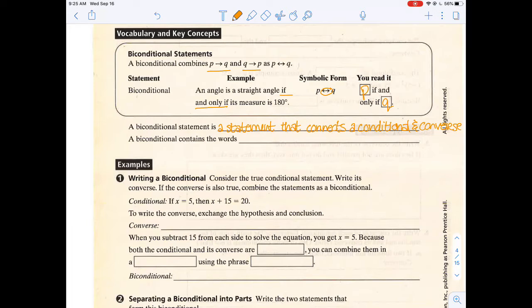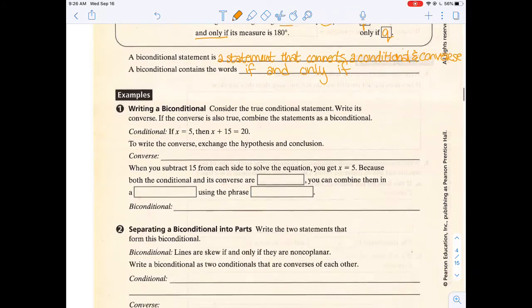If we look at that example, we could say if an angle is a straight angle, then its measure is 180 degrees. If an angle measures 180 degrees, then it is a straight angle. We know both of those statements are true, so we can write the if and only if statement. A biconditional contains the words if and only if. Anytime you see if and only if, that's a biconditional statement.